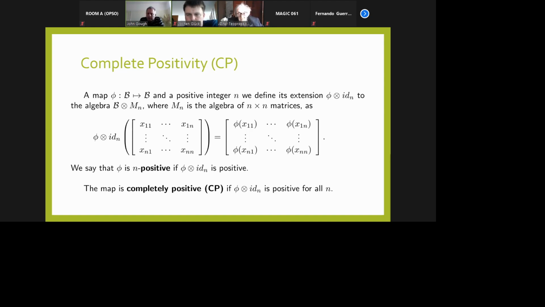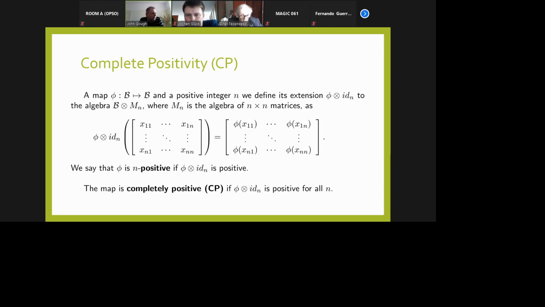So this may at first sight seem rather trivial as an evolution, because all it's really doing is evolving the observables of B, and it's apparently trivial on the n-level system. However, we don't necessarily have positivity. Positivity of phi alone doesn't necessarily imply positivity of this extension.